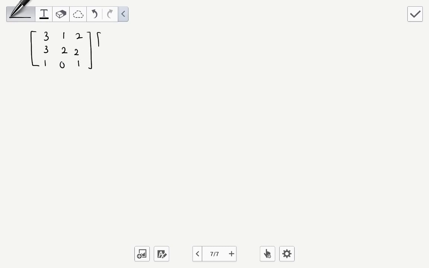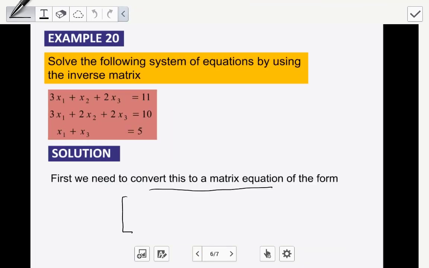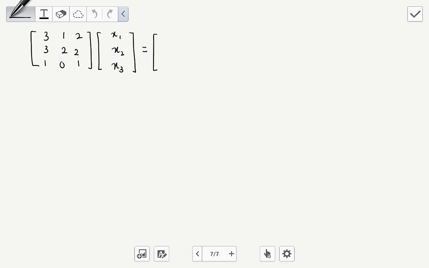We're going to multiply with x1, x2, x3, and this is going to equal matrix B. Let's check what matrix B is. The answer here, 11, 10, 5, is matrix B.